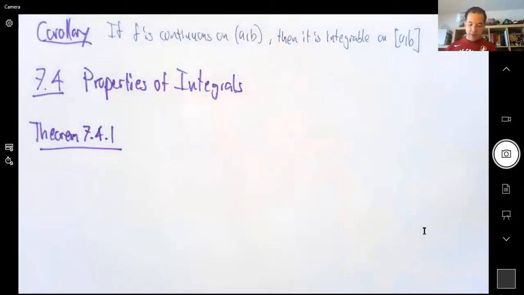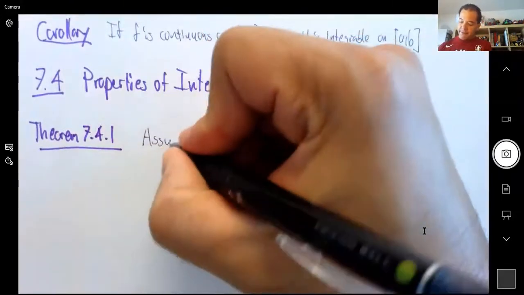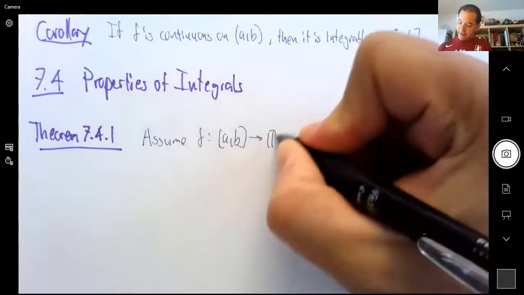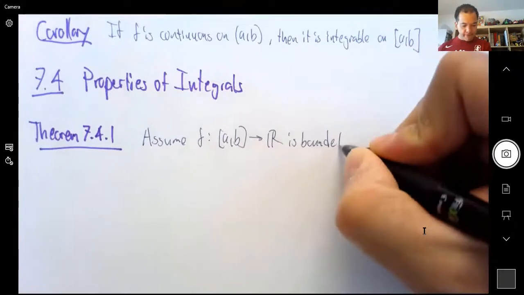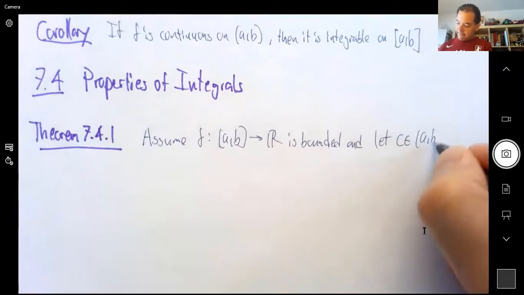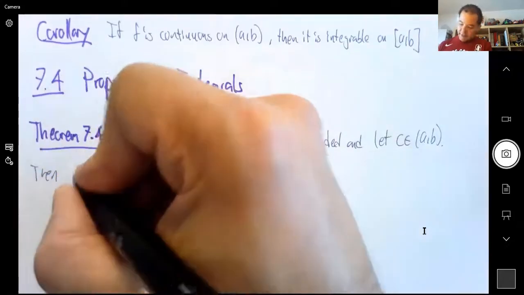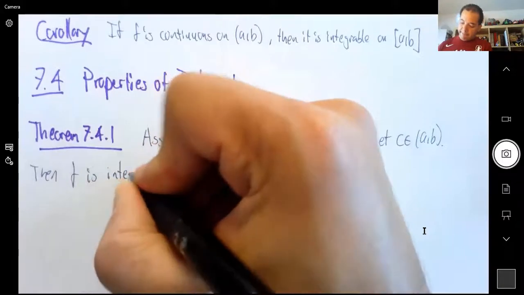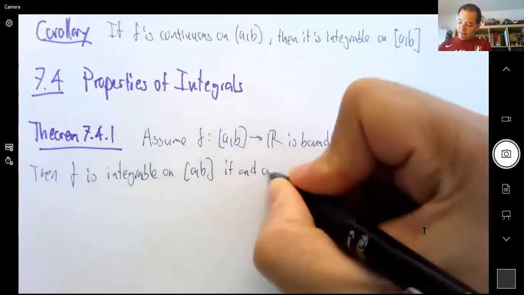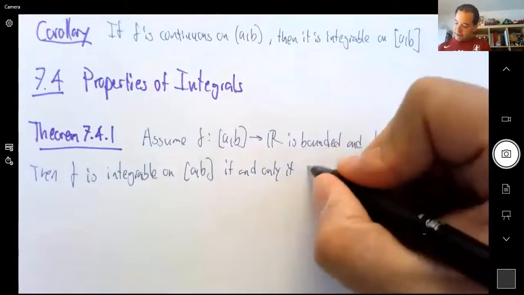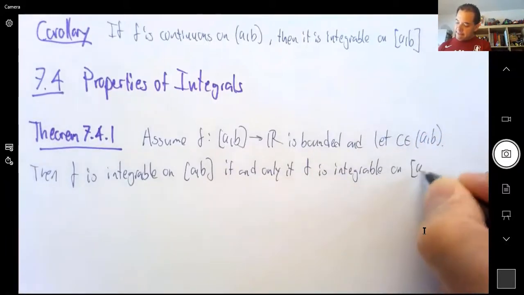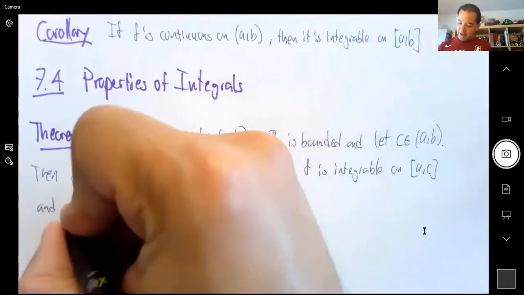It says the following: if you have a function f from the closed interval AB to the reals that is bounded, and you pick C, a point in between, then f is integrable on AB if and only if f is integrable on AC and on CB.